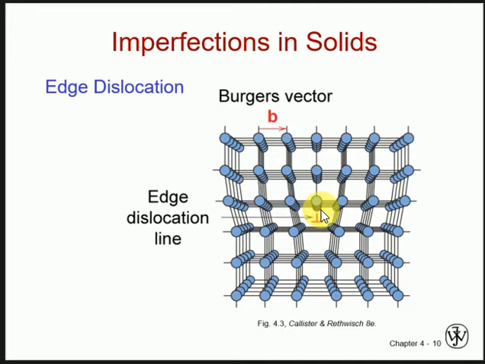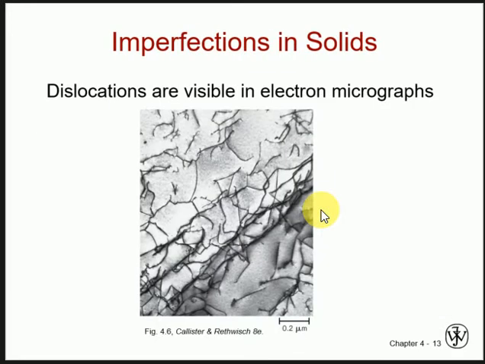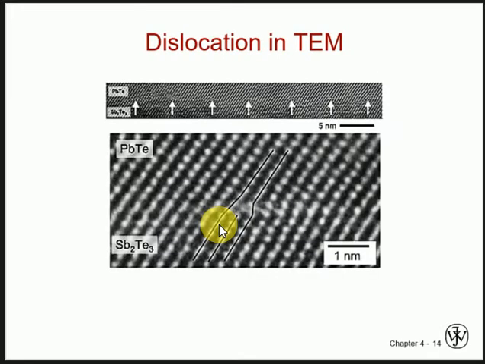Okay, so dislocations look like these black lines within a material. And this is an actual image of the dislocations, how they look within a crystal. This is the TEM micrograph like we discussed earlier, and here is the extra half plane.